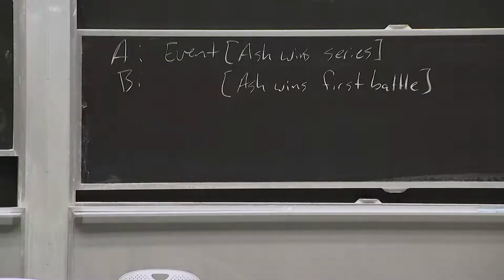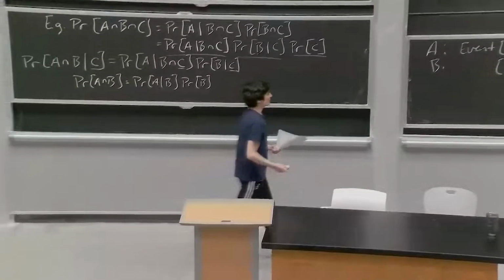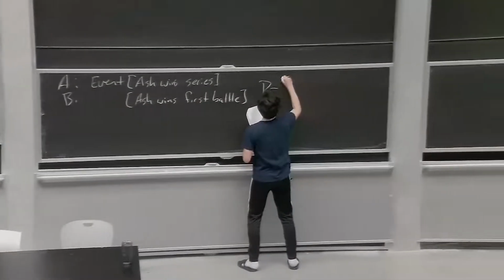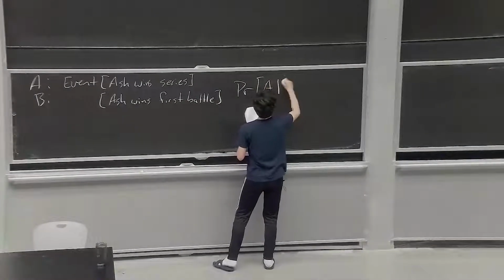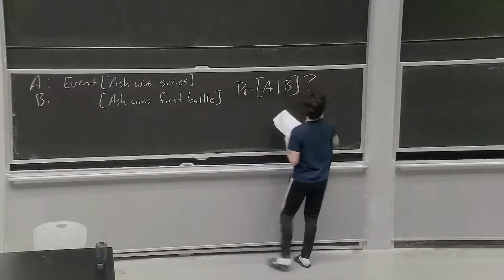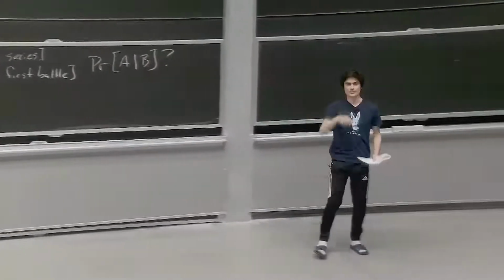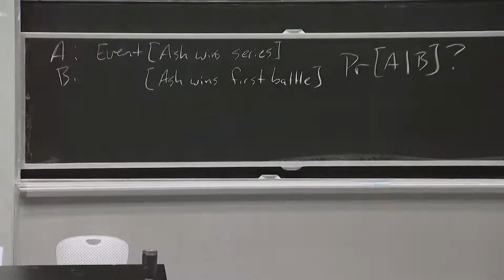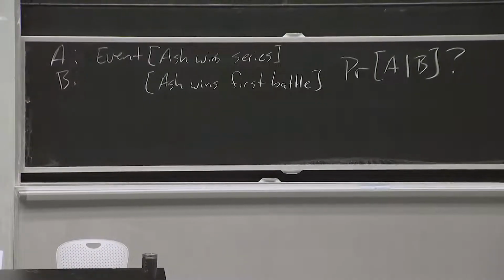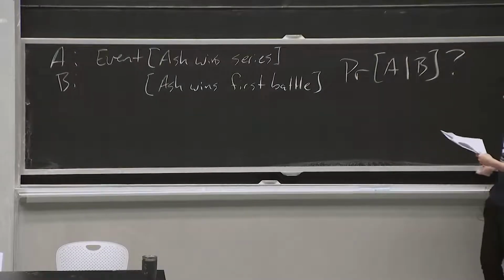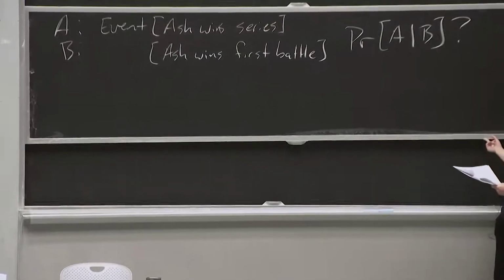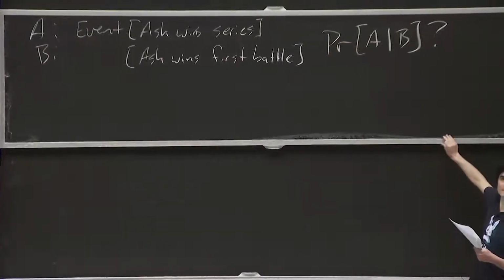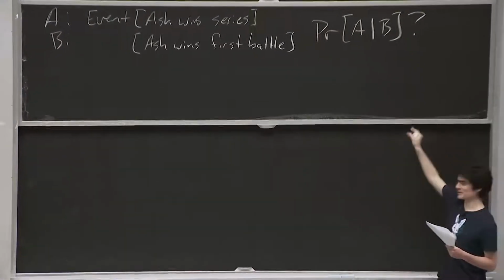Okay? So now we can ask for the probability of A given B. Okay? So does the problem setup make sense? Yeah? Okay. So how could we compute this? Any ideas? Where do we want to start?